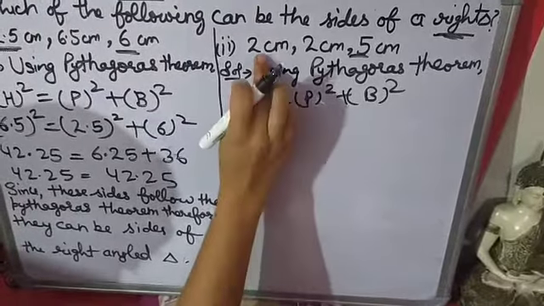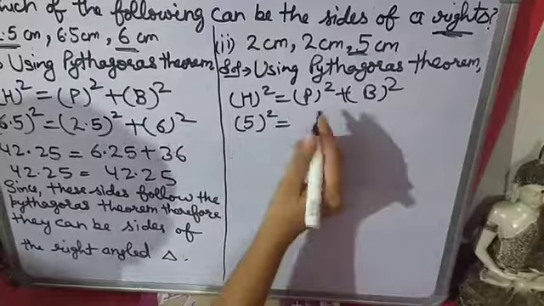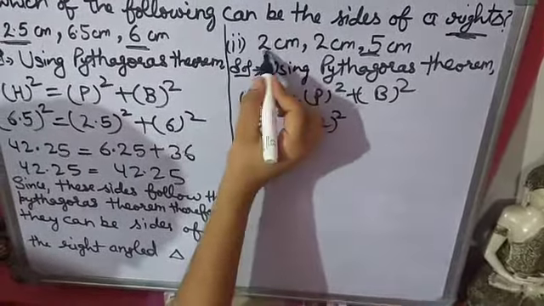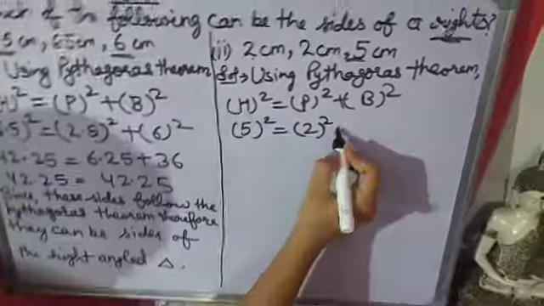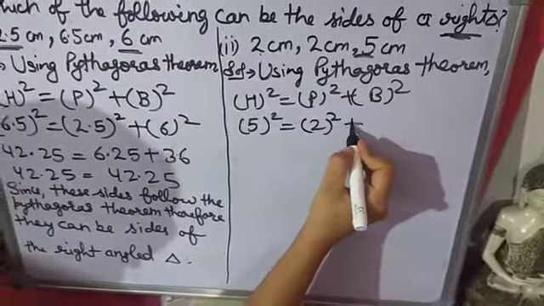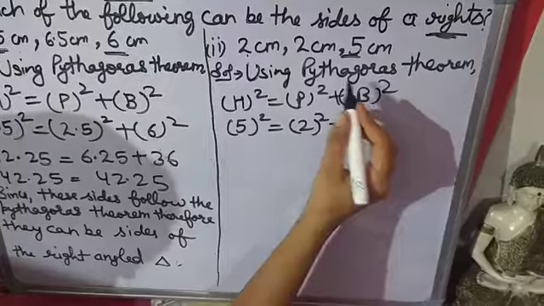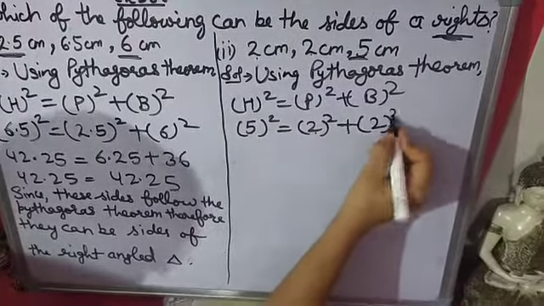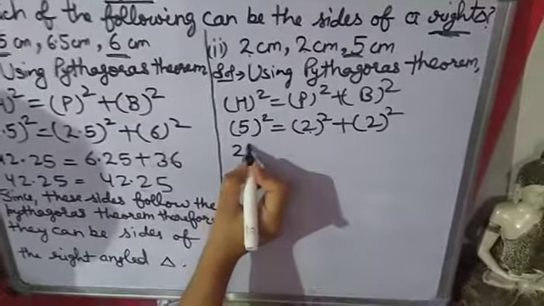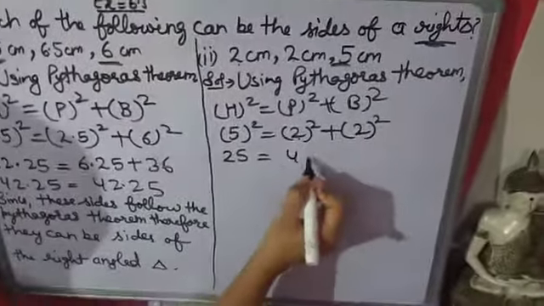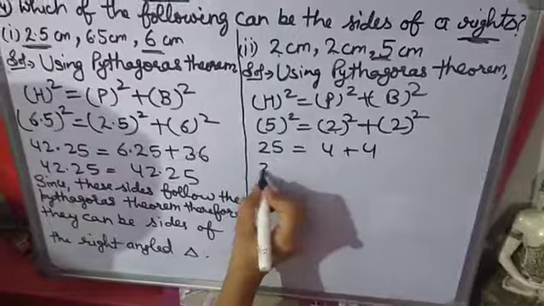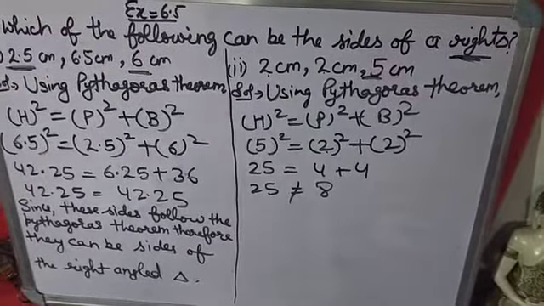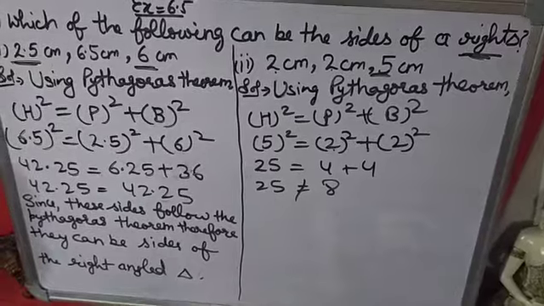You can put 2 here or 5 here. So okay, I am putting 2. You can put any value. Sorry, perpendicular will be 2 and base will be 2. Now 5 5s are 25, 2 2s are 4, 2 2s are 4. Add it. So both sides are not equal. Left hand side and right hand side are not equal.